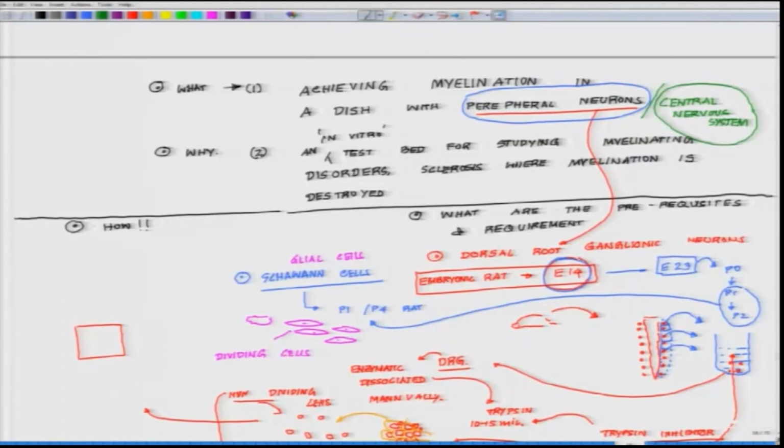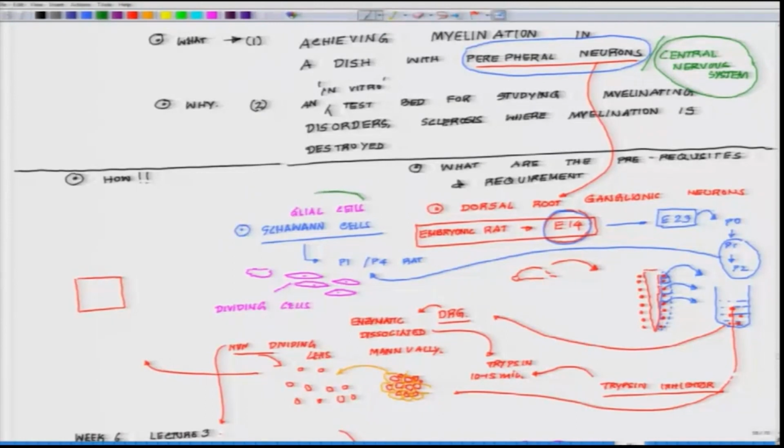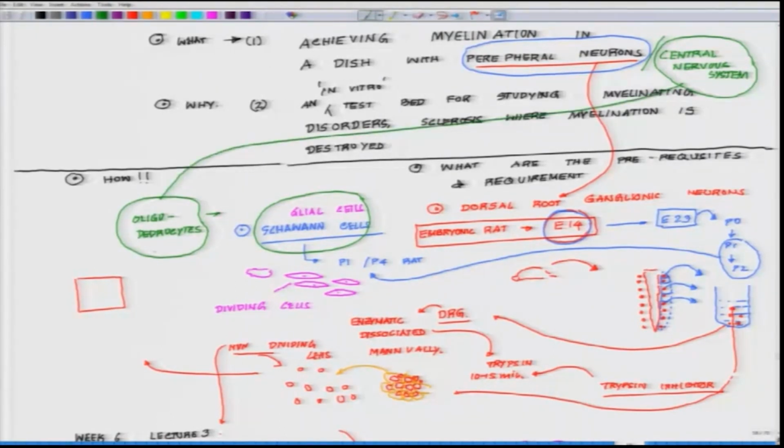In order to achieve it, now instead of Schwann cells, this will become oligodendrocytes. So, central nervous system and oligodendrocyte, and the problem is achieving myelination.